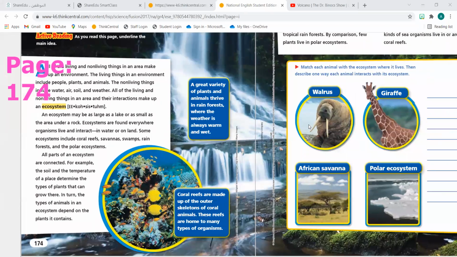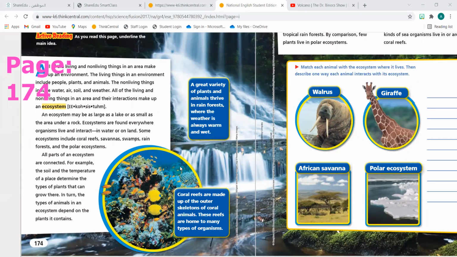Okay, so Fatuma, on this page, we see the ocean ecosystem. What do they have, the ocean ecosystem? They have the coral reefs, they have skeletons of coral animals, also they have so many kinds of fishes and plants, and they all need each other to survive.